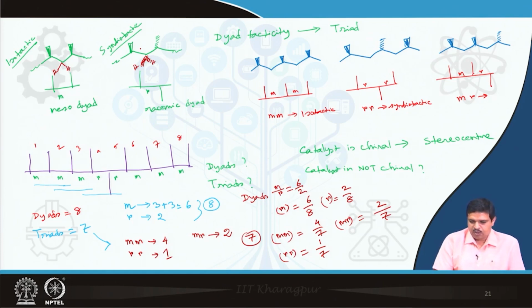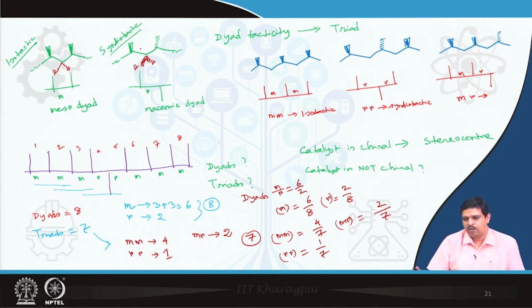So, by carefully checking the chemical shift of these 2 hydrogen protons and then relating with the diads and triads, you can determine the microstructure of polypropylene or related polymers by proton NMR spectra.